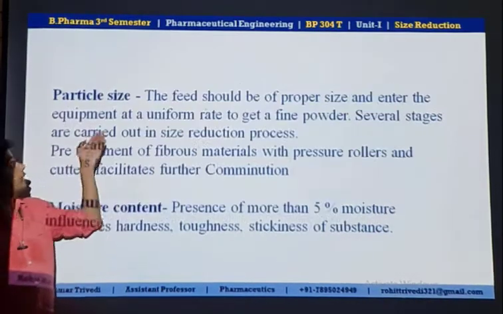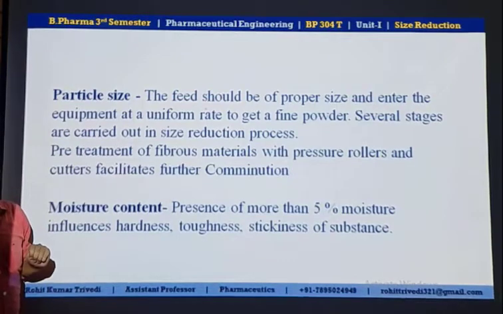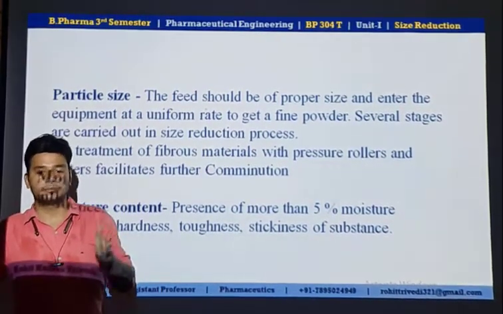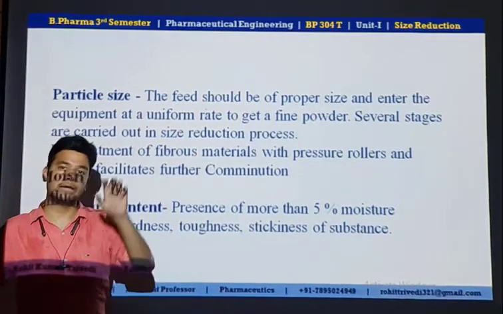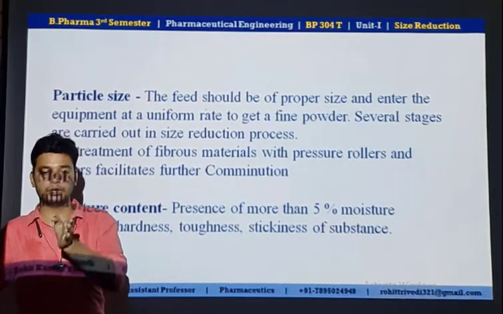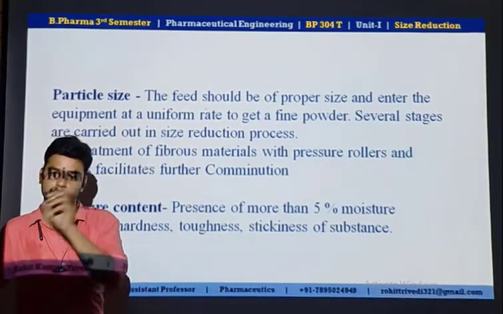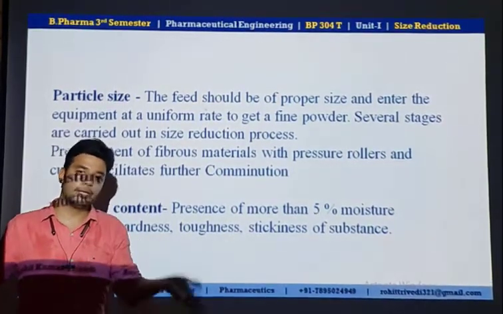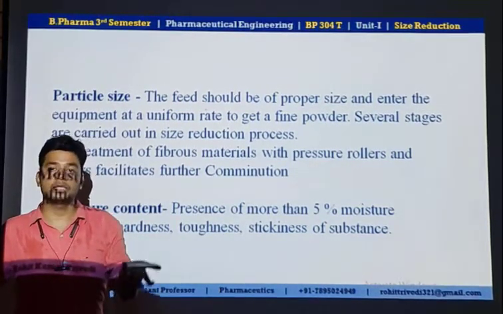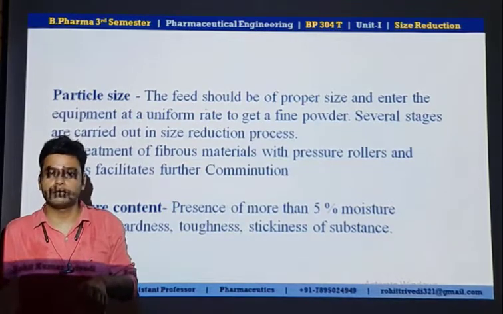Now, the particle size. Obviously, the smaller the particle size, the easier the size reduction. If we have a particle of larger size, we will feel difficulty and need more time. With a smaller particle size, we can make the particle even smaller in a short duration.